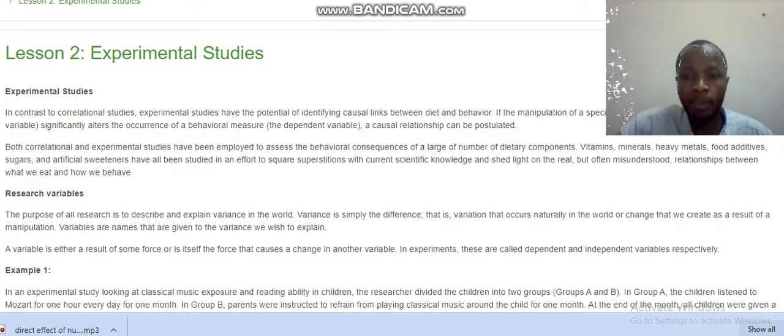Vitamins, minerals, heavy metals, food additives, sugars, and artificial sweeteners have all been studied, in an effort to square superstition with current scientific knowledge and shed light on the real but often misunderstood relationship between what we eat and how we behave.